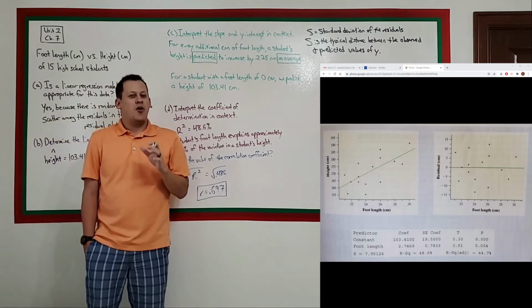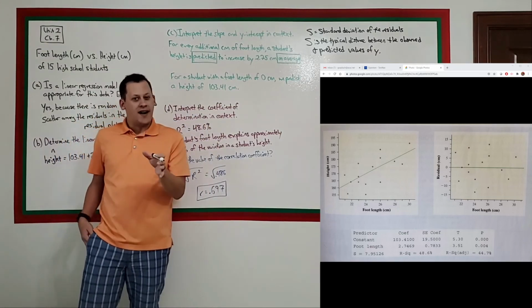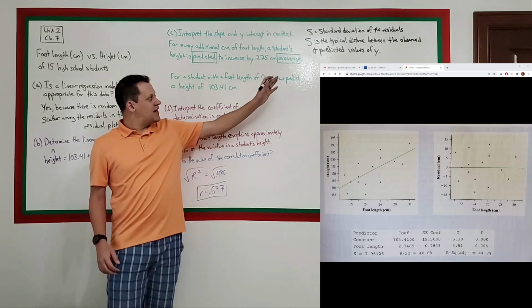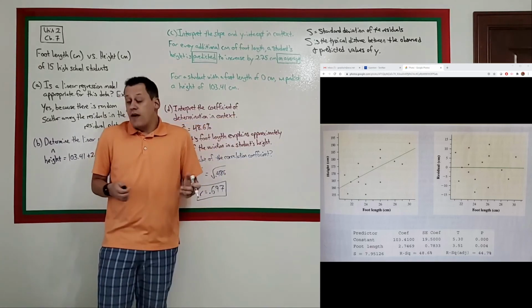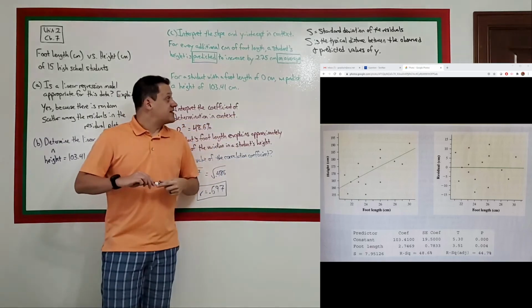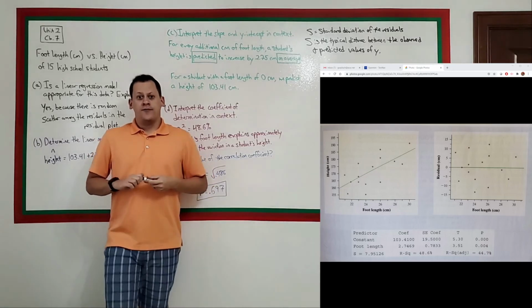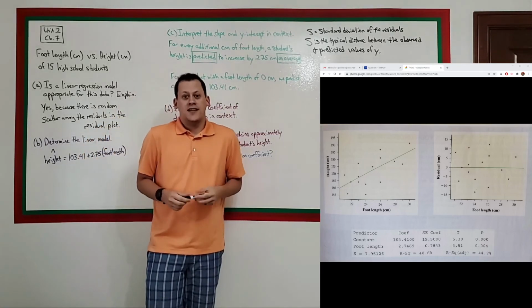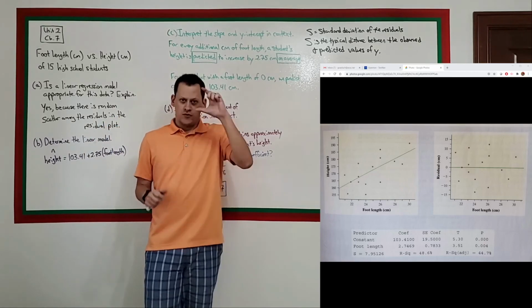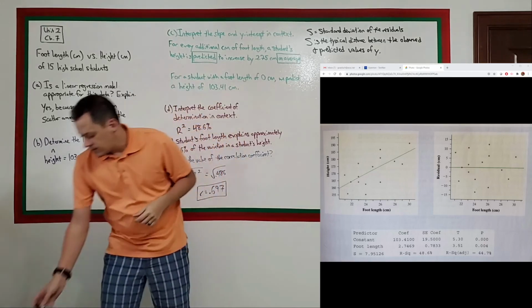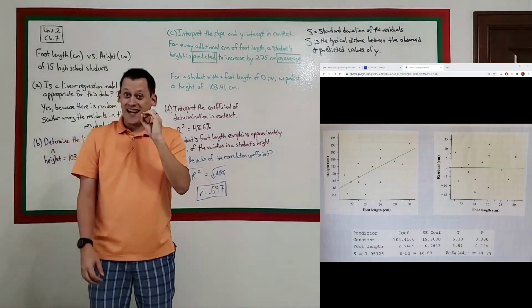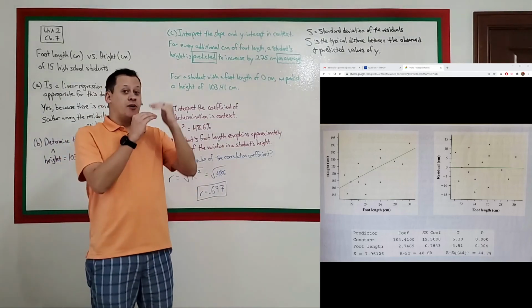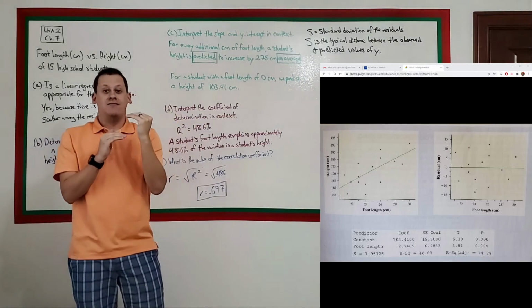It doesn't come up all that often, but you might have a homework question that asks something about S, and you may see it on a quiz or a test. That's all you'll need to know, is that it's the typical distance between the observed and predicted values of y. Right? That's essentially the typical residual. Okay? It's not the mean residual because that's 0, but it's the typical distance between any random point and the line.